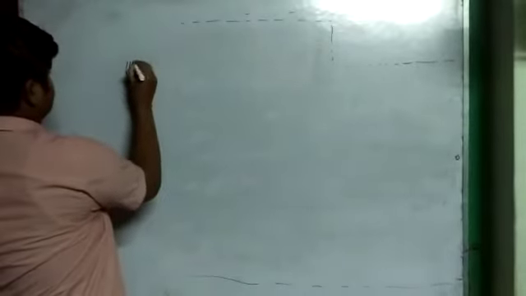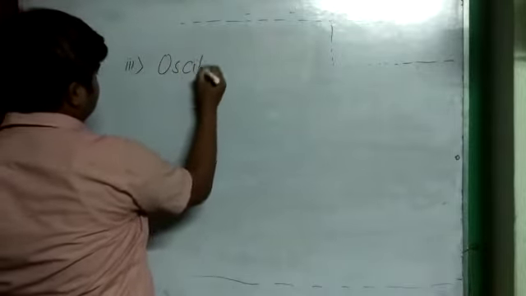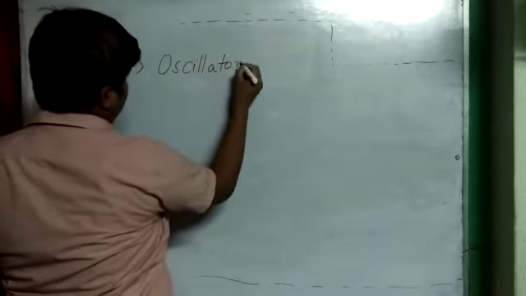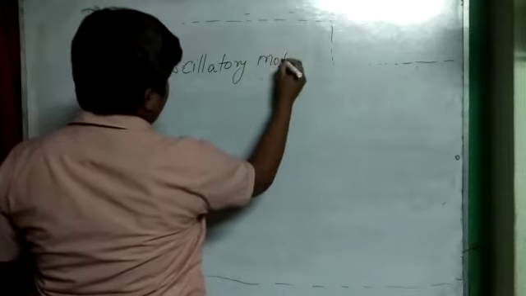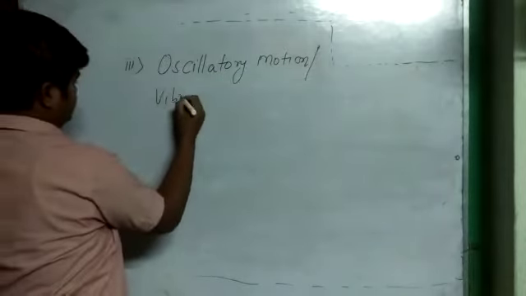Now the next, third type, is oscillatory motion. It is also called vibratory motion.